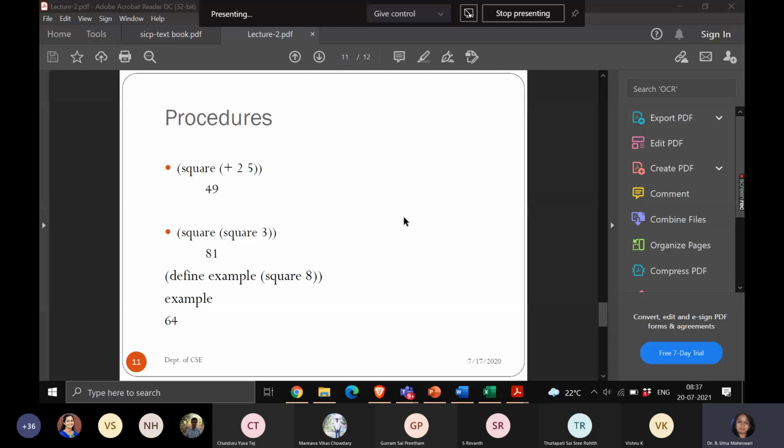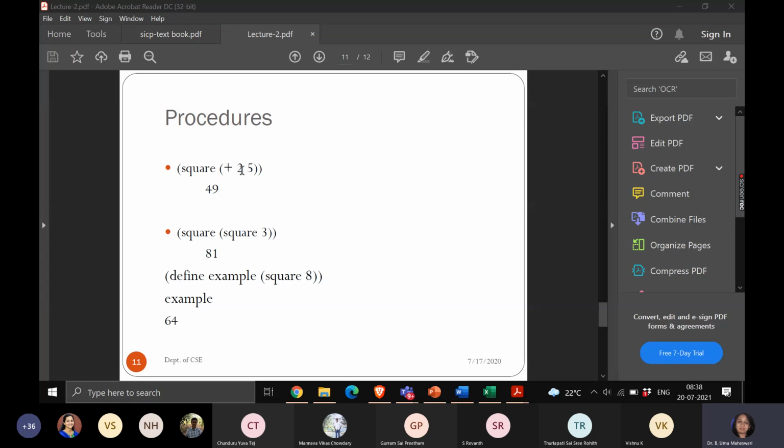Okay, so we discussed the procedures, primitive procedures. If you take plus 2, 3, plus is nothing but a primitive procedure for which the equivalent instructions are already defined in the interpreter, and the interpreter knows how to take the arguments and apply them to the procedure.